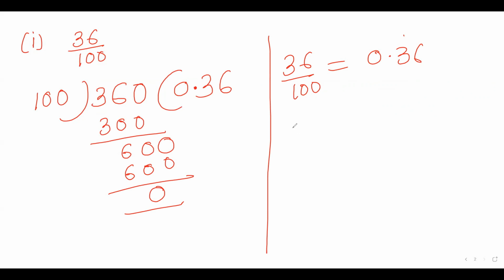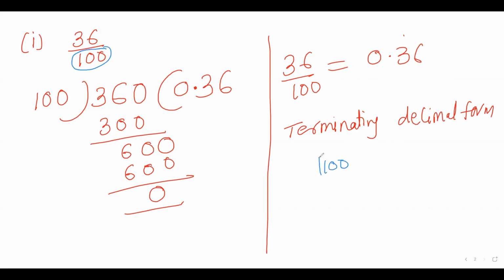So write down terminating decimal form. I want to tell one more thing over here. Whenever you have P by Q form, if you factorize the denominator, 100: 2 times 50, 2 times 25, 5 times 5, 5 times 1.